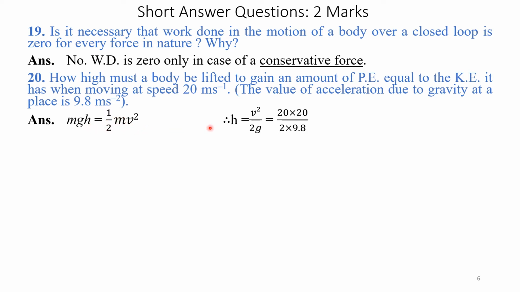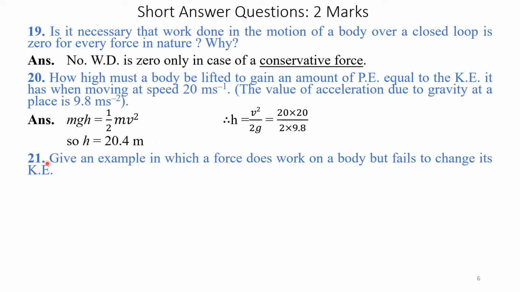So, h equals v square by 2g. v is given as 20 meters per second. v square is 20 into 20 divided by 2 into 9.8. Simplifying, we get the answer h equals 20.4 meters.